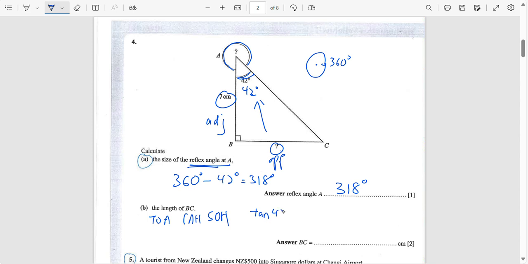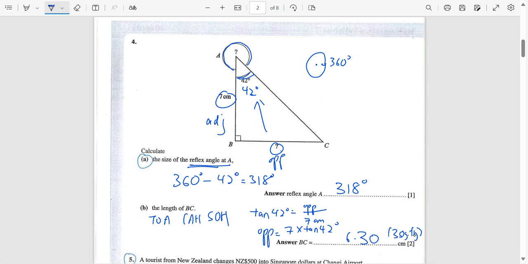So tangent 42 degrees equals opposite over adjacent, which is 7 cm. So to find the opposite side, you need to take 7 times tangent 42 degrees, and that will give you 6.30 cm. Okay, right? 3 SF.